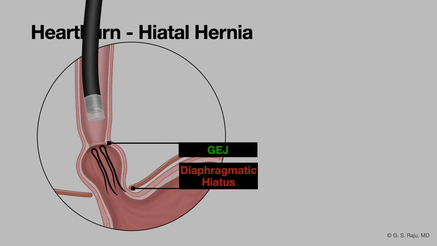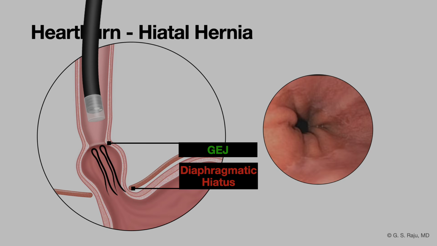When you do an endoscopy, how do you identify diaphragmatic hiatus and GE junction? So here you have the lower end of the esophagus, and the diaphragmatic pinch, or the going through the hiatus, keeps contracting at that area, closing and opening. That's the diaphragmatic hiatus.